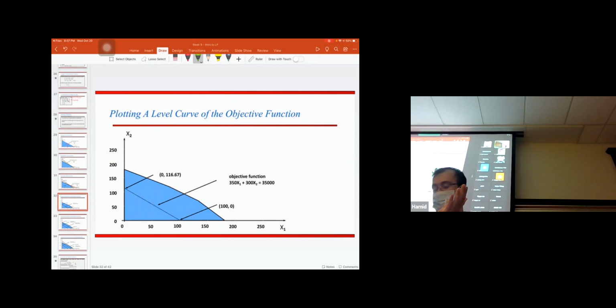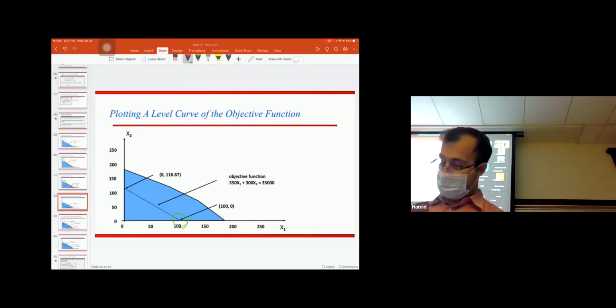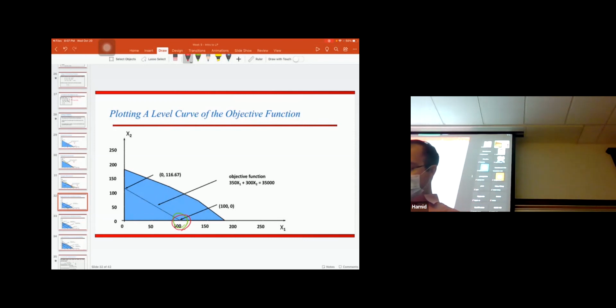So let's say this point. You can't see that. Okay, let me just change the color. It just means you make 100 of x1 and you don't produce anything of x2.